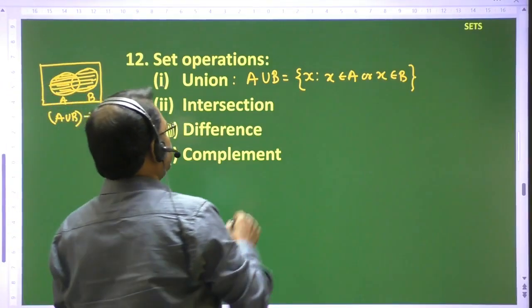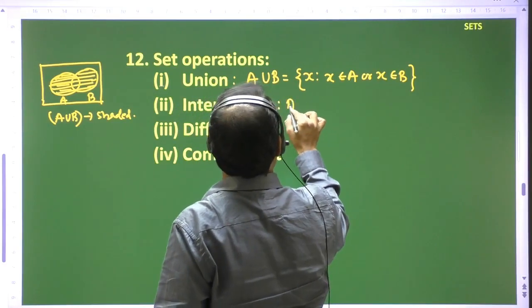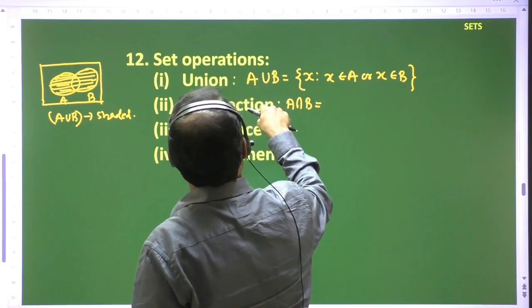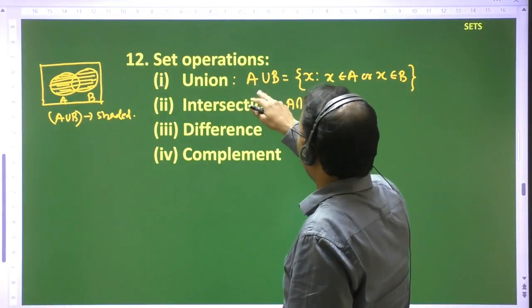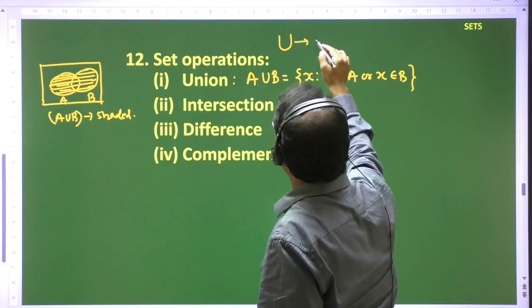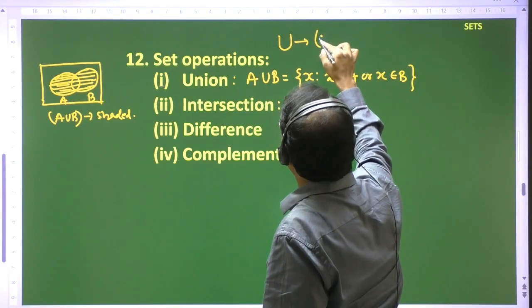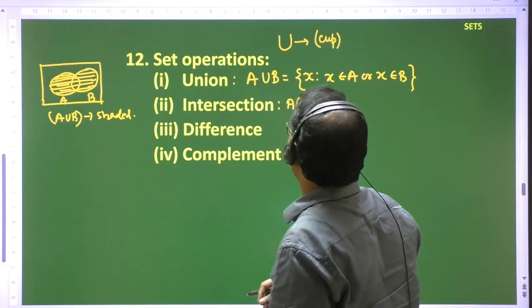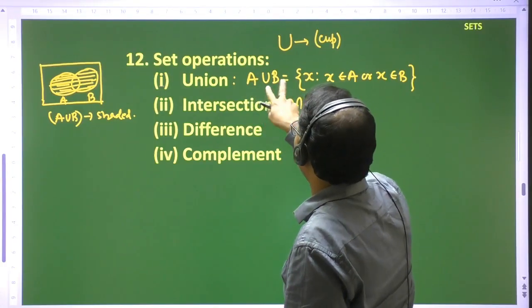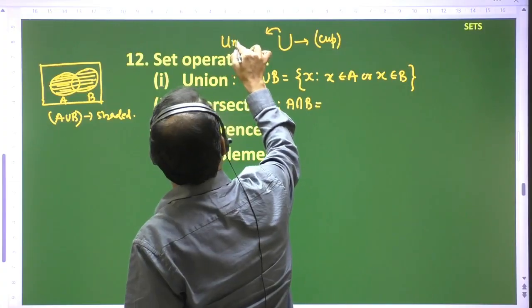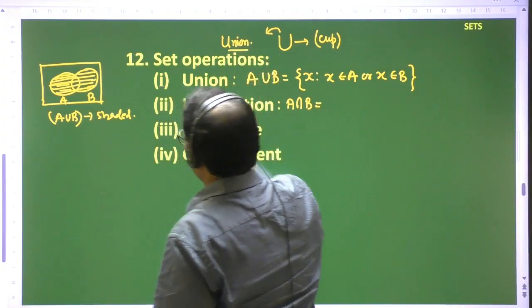What is A intersection B? The sign of union looks like a cup, U for union.